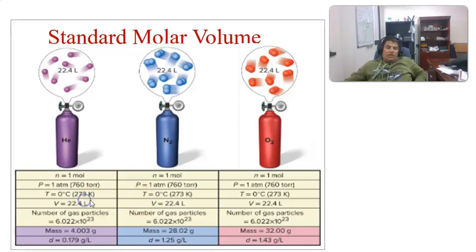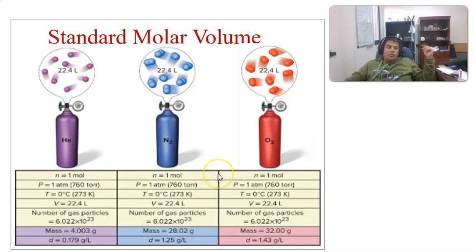Now let's see that again here in this chapter. See, number of mole equals 1, P is 1 atm, T equals 0 degree centigrade, V equals 22.4. Number of gas particles, yes, 1 mole is equal to what? 6.022 times 10^23. So mass, this is helium, that's why mass will be 4.003 gram, and the density is there.